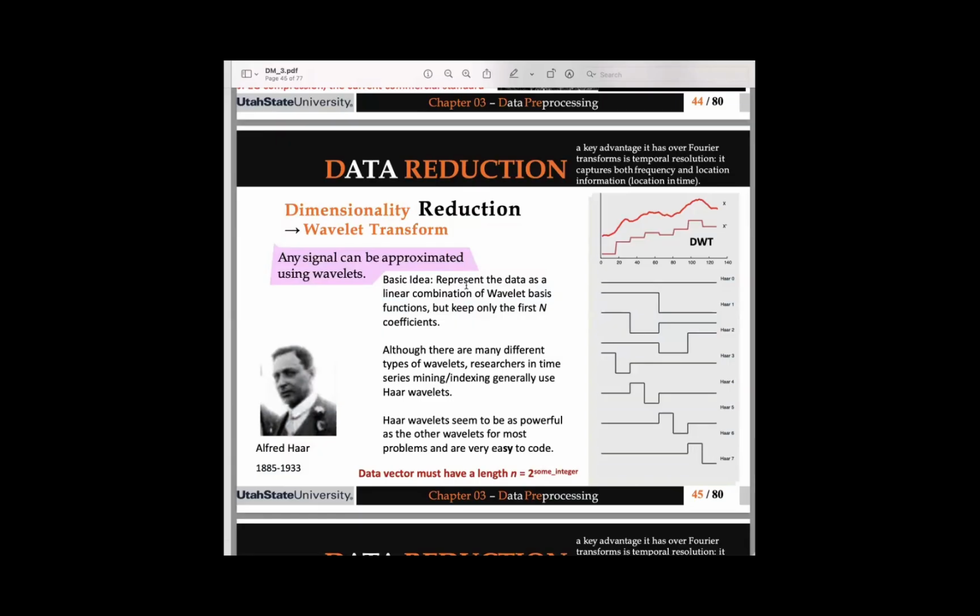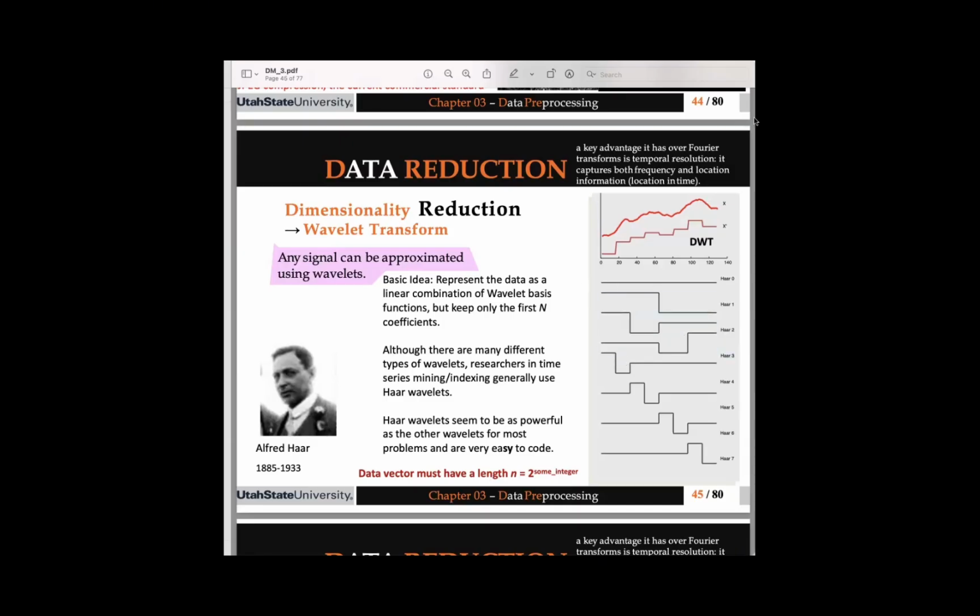The reason why we say that wavelet transforms are localized, that they have the additional capability to show us where the patterns exist in our data set, is that if you look at the wavelet transform coefficients over here from 0 to 4, you could clearly see that Haar3 is embodying this particular segment, right?